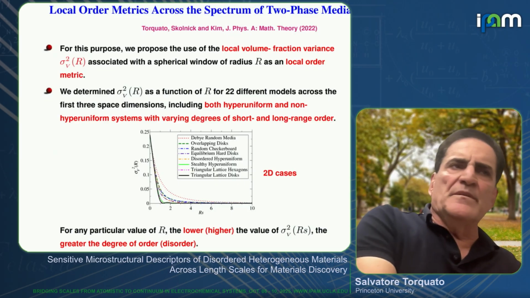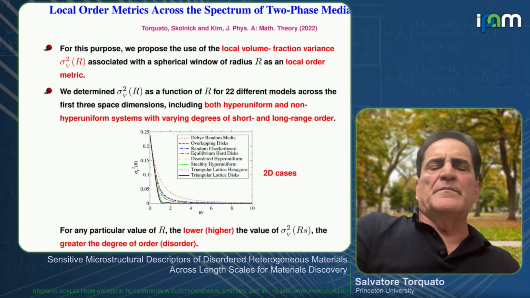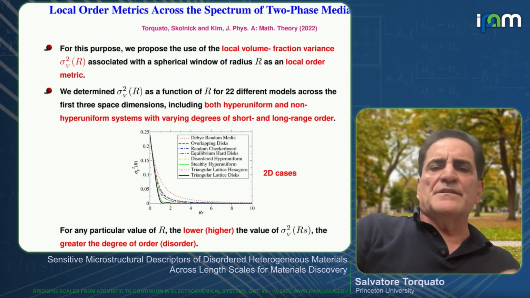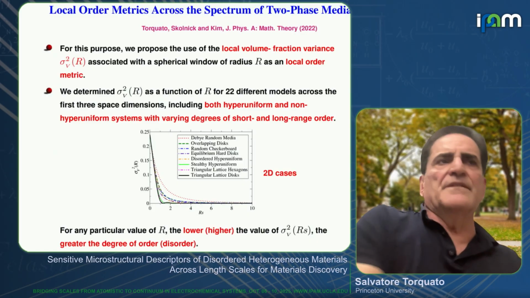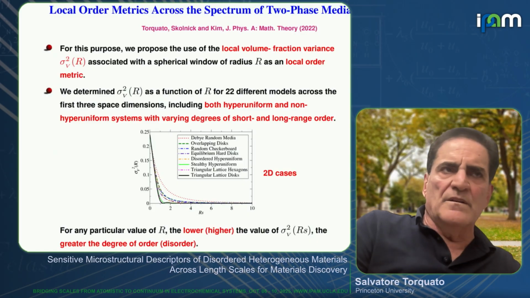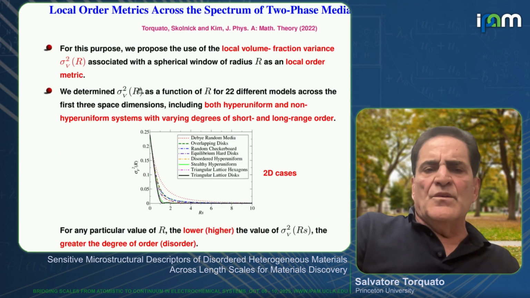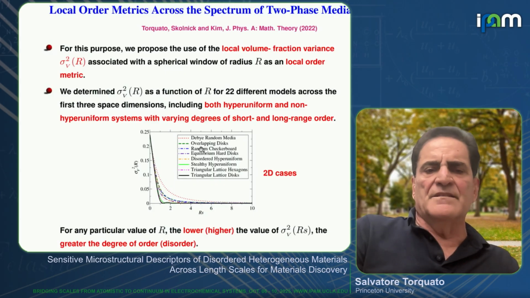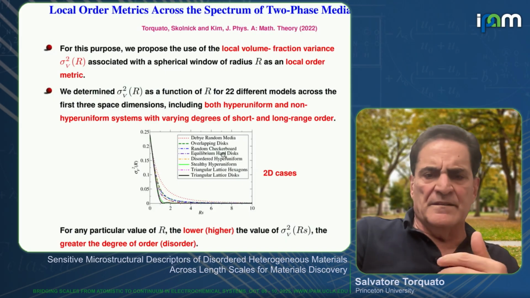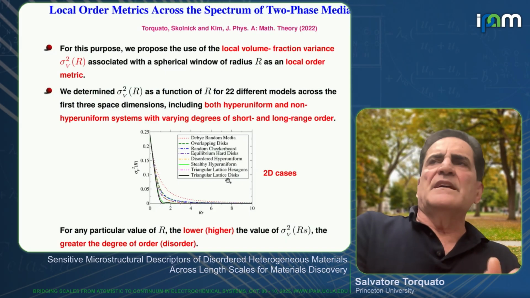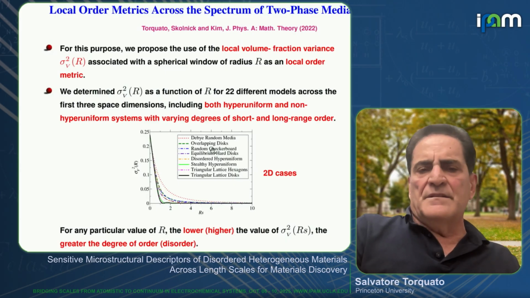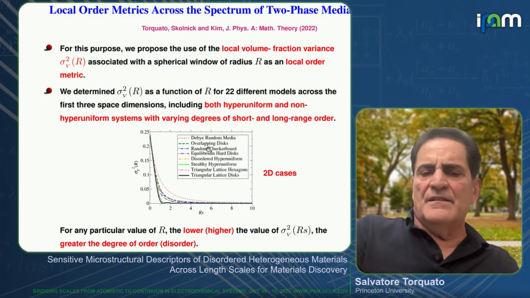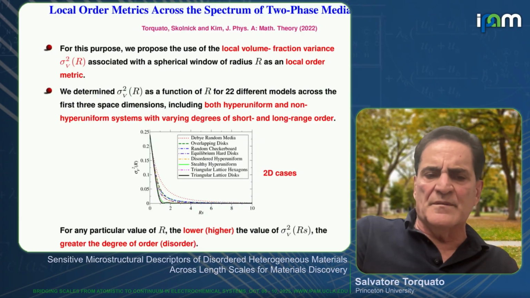Now, in the case of hyperuniformity, the focus was on the behavior of this quantity for large R. But of course, you don't have to think about just large R. You can actually think about what happens for small r, for intermediate R. And so with this volume fraction fluctuation quantity, you can define things and you can rank. I'm not going to go through all of the different models in these 2D cases, but take my word for it that it is completely consistent with one's intuition, and you can do it at any length scale that you want. Okay, so that's, I think, the most important thing.